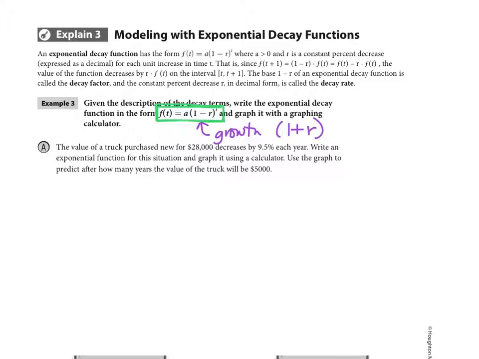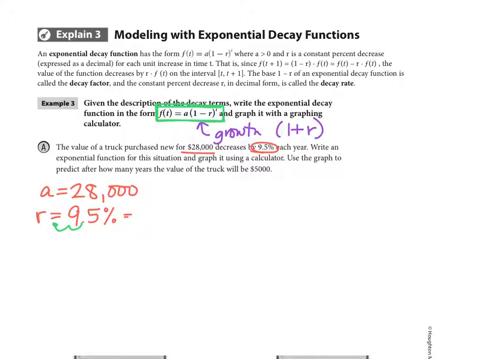So we just want to identify our A is our starting point, just like it used to be. So if I read my problem here, A is going to be 28,000 because that's the original value. I need to identify R. R is our percentage. Remember that we want to write the percentage as a decimal, and I didn't really talk about that yesterday as much, but remember we have to move the decimal 2 places.